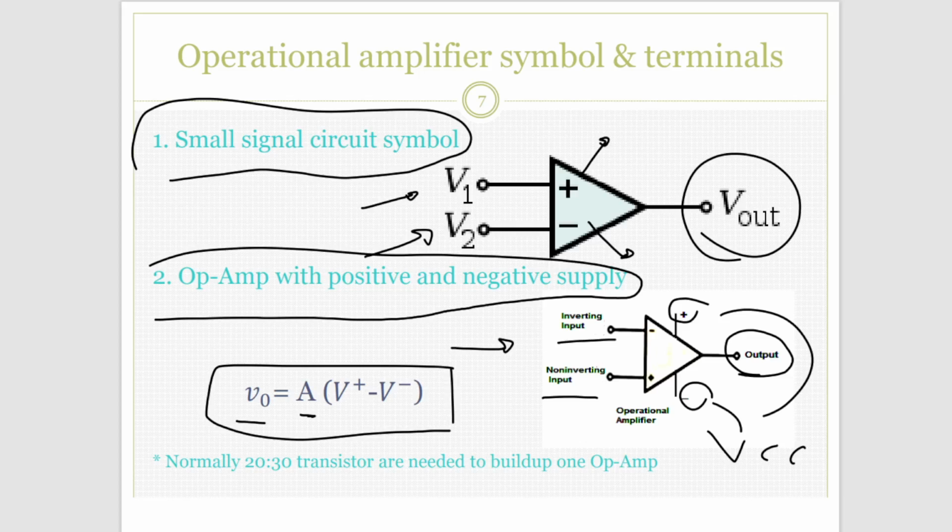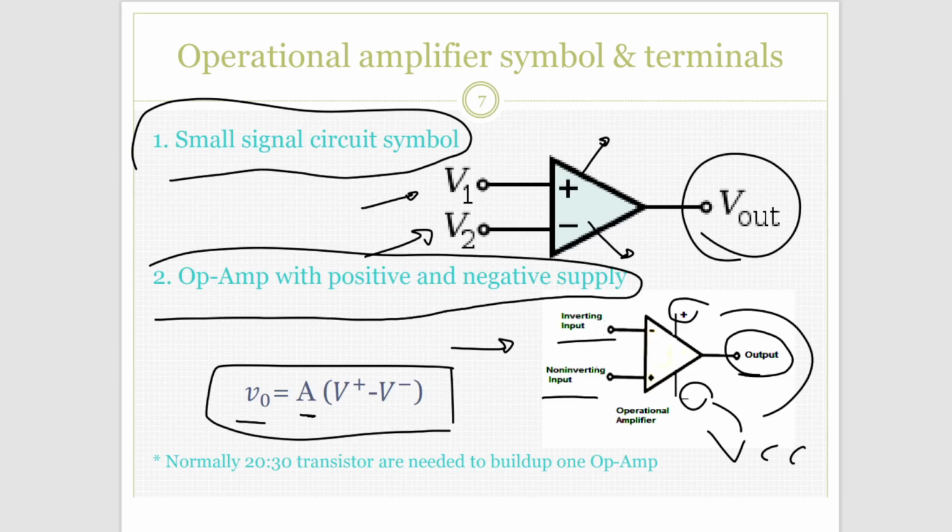That means if the signal is, for example, 5 volts, the gain is the number that is multiplied by the signal to give us the output needed.